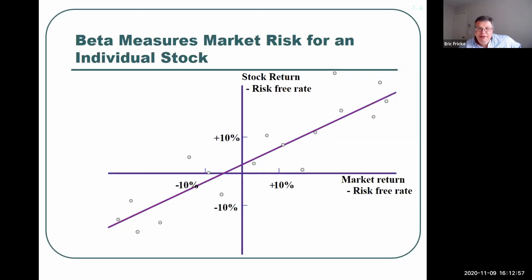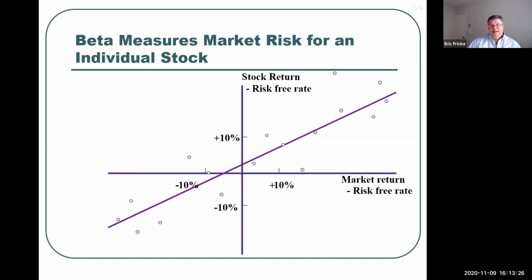And it's not perfect, right? You see a lot of the data points are above the line, below the line, but it's a pretty good fit. And so this stock premium versus the market premium is going to give us beta, because when you do a regression, you basically get two things.